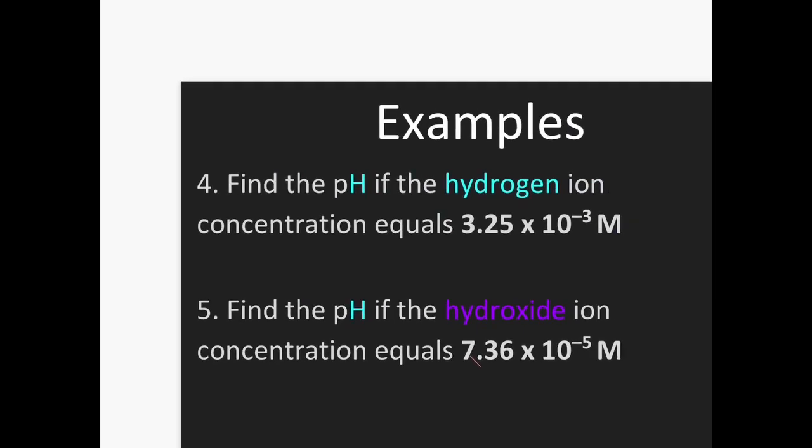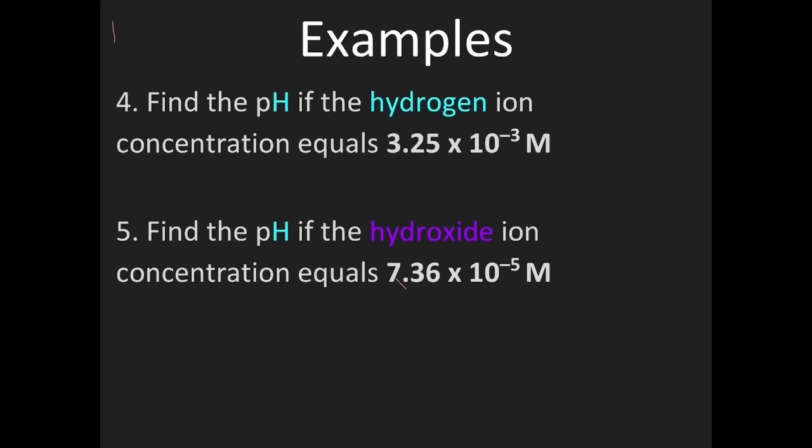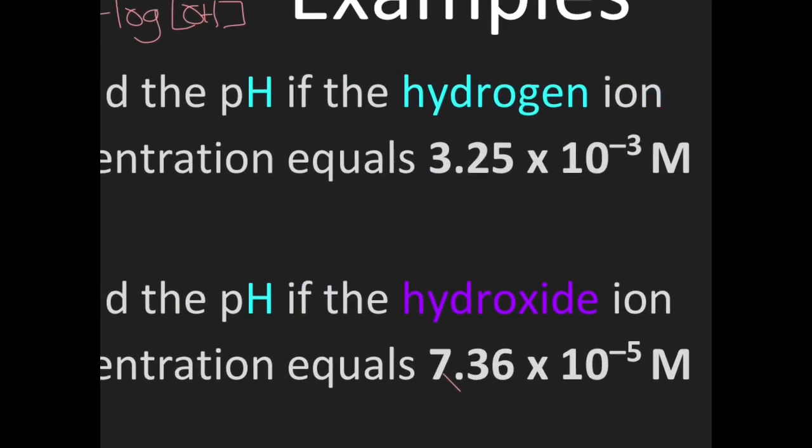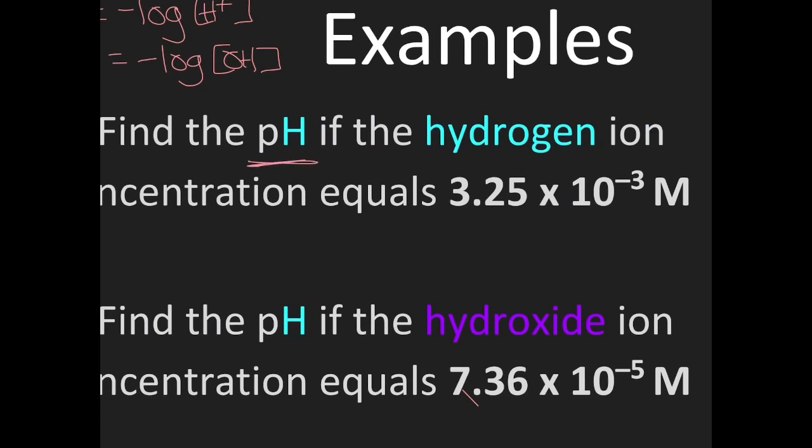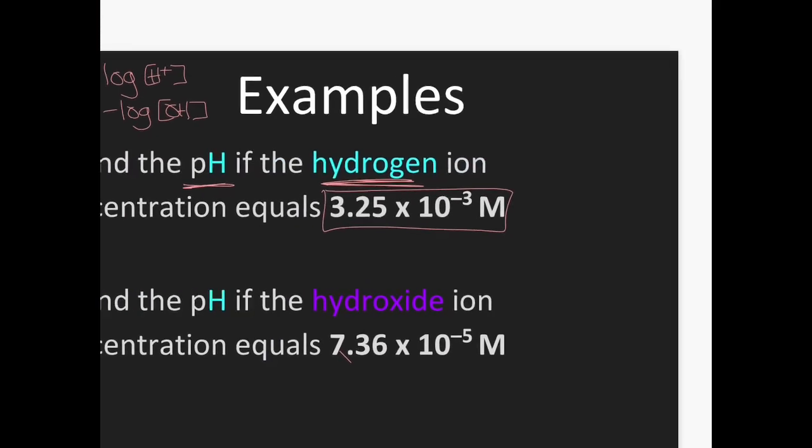Our equation here was pH equals the negative log of the H concentration, and the pOH equals the negative log of the OH concentration. Find the pH if the hydrogen ion, awesome, H and H, those two go together, I don't need to make a conversion, is equal to 3.25 times 10 to the negative 3.